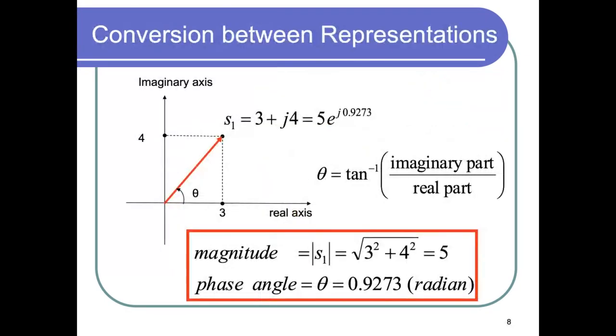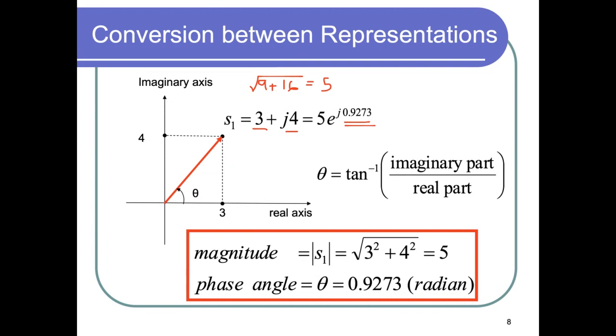So to have an example of conversion, I have 3 plus 4j. So what is the magnitude? It's basically root of 9 plus 16, which is equal to 5. What is the angle? The angle is tan inverse of the imaginary part over the real part.